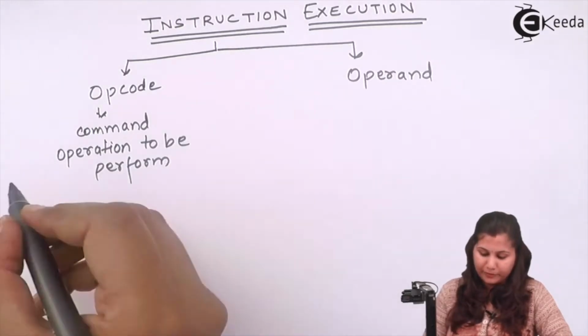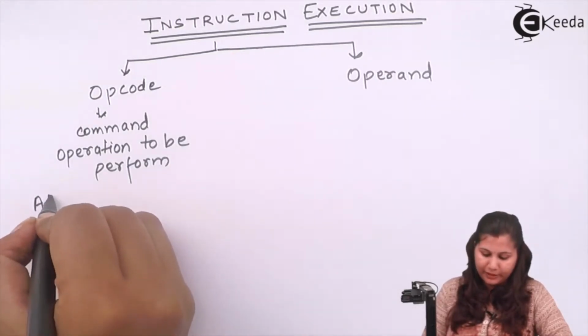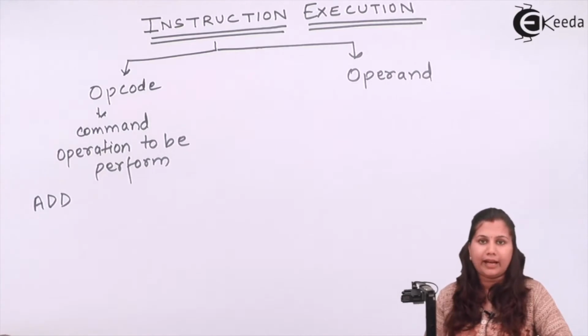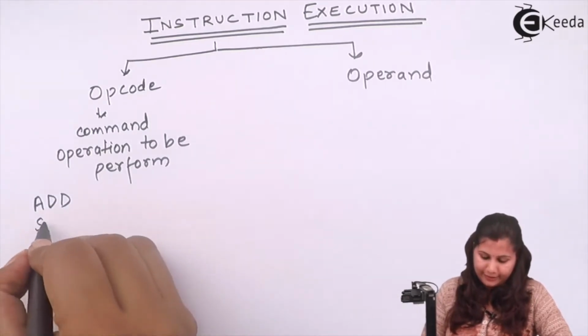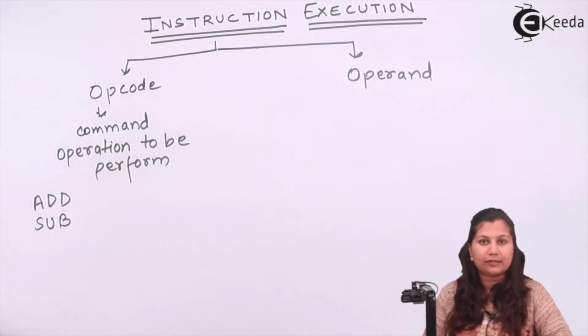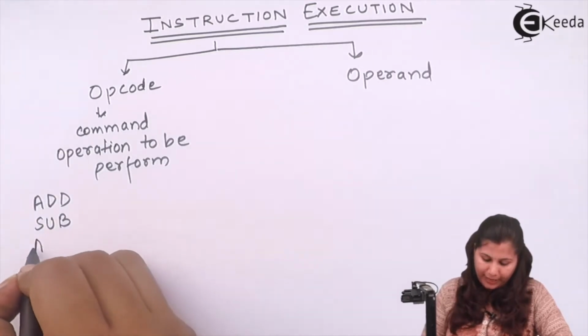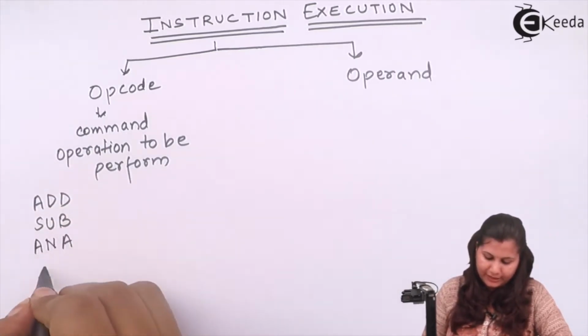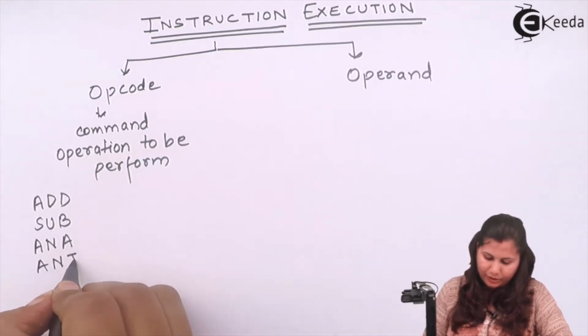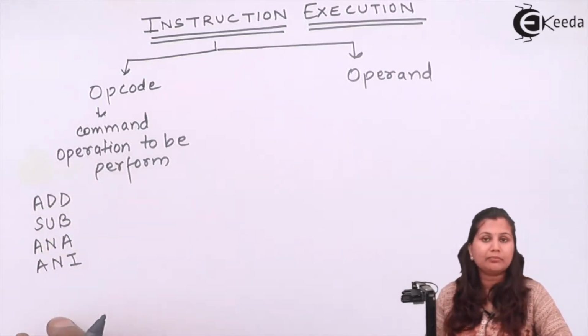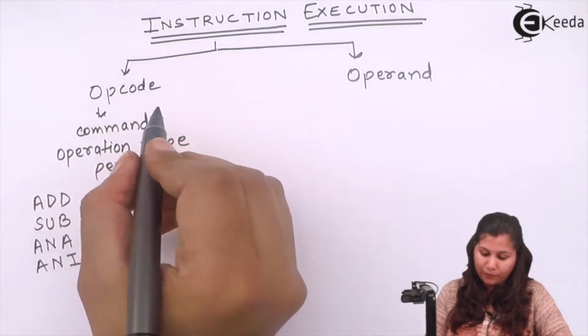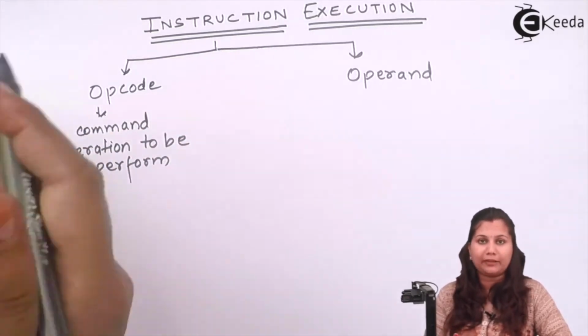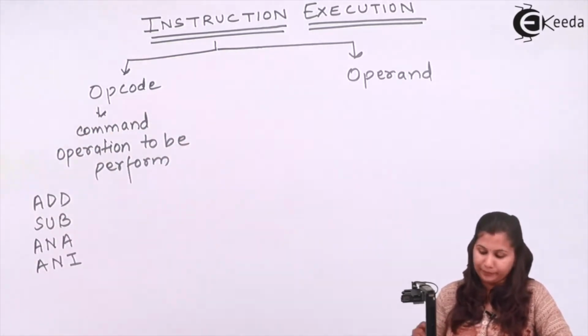Like for addition we have add, for subtraction we have sub, and for the logical operation AND we have ana, ani. So these are the machine codes, that is the opcode, the operation which the microprocessor is performing.